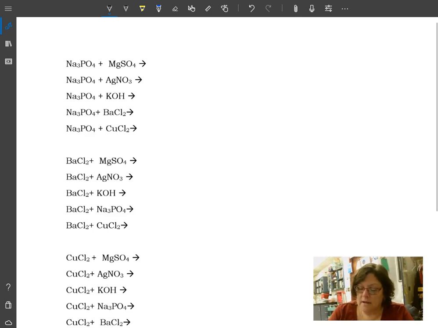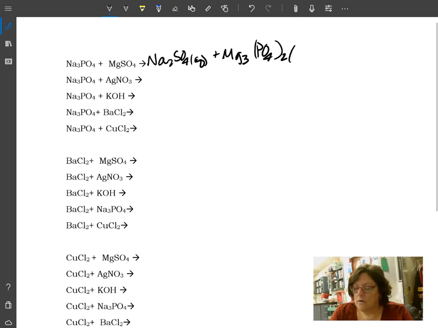Sodium phosphate and magnesium sulfate. Sodium will bond with the sulfate. Sodiums are always soluble. Magnesium phosphate will precipitate, so that one's going to have a precipitate. Sodium phosphate and silver nitrate. Silver phosphate will always precipitate, and sodium nitrate will not.